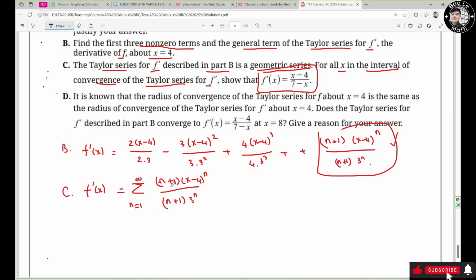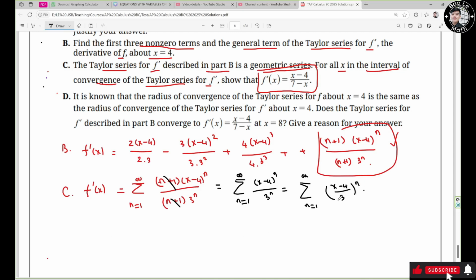Now, you need to simplify this. So it's going to be the sum of (s minus 4) raised to the n over 3 raised to the n, when n goes from 1 to infinity. Now I can combine these two, so I just write the sum, when n goes from 1 to infinity, of ((s minus 4) over 3) raised to the n.